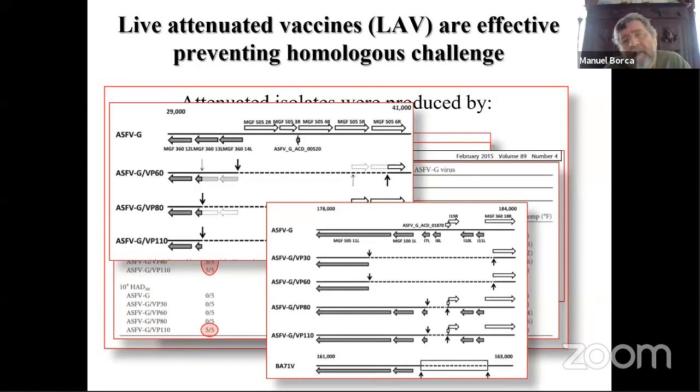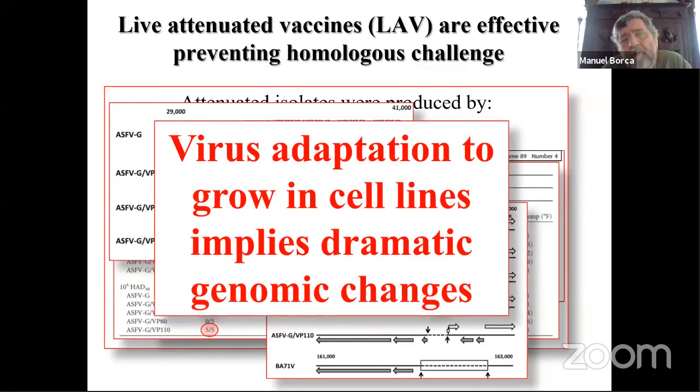So I would say the problem of using virus adaptation is the dramatic genomic changes involved in this adaptation. I would be very careful in handling and attenuating virus in this way, because in our experience, the incorporation of deletions and genetic modifications doesn't stop.